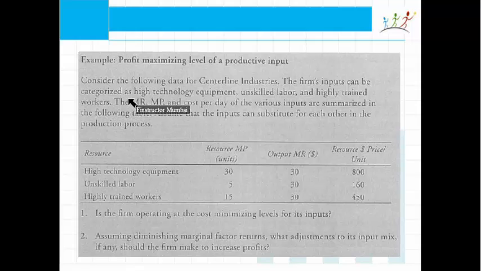The marginal revenue, marginal product, and cost per day for the various inputs are summarized in the following table. Assume that the inputs can substitute for each other in the production process.